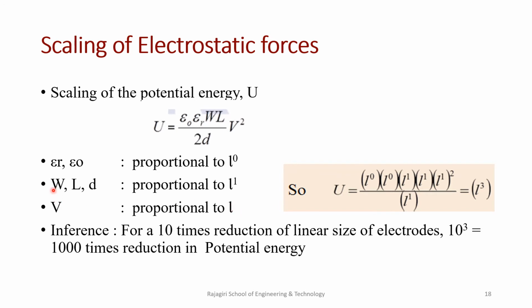So taking all these parameters into consideration, the scaling of the potential energy U can be calculated as equal to L raised to 3. So the inference from this is that if the linear dimension or the linear size of the electrodes is reduced 10 times, the reduction in the potential energy will be 10 raised to 3 or 1000 times.